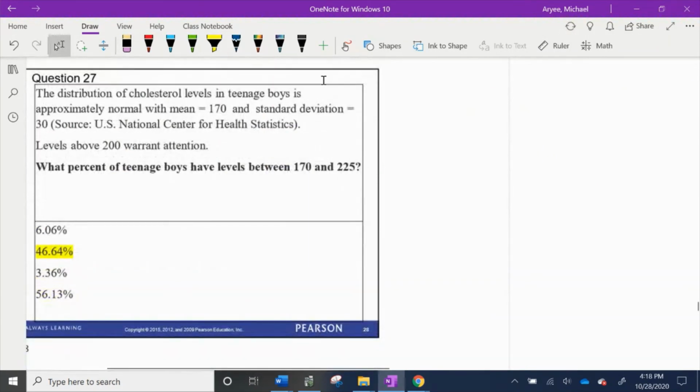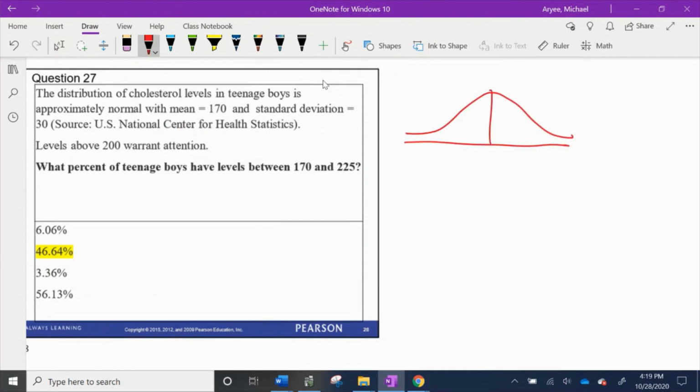27. Okay, let's see. This question involves a standard deviation. What percent of the boys? So this is a normal distribution question. It looks like a regular one. We have 170 here, then between 170 and 225 in between here. So normal CDF from 170 to 225.